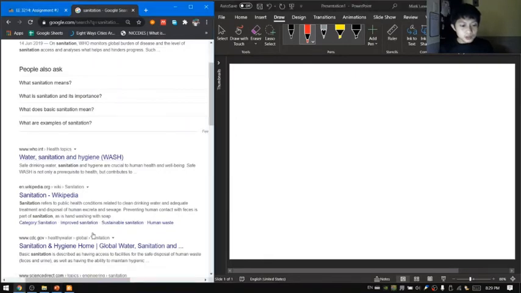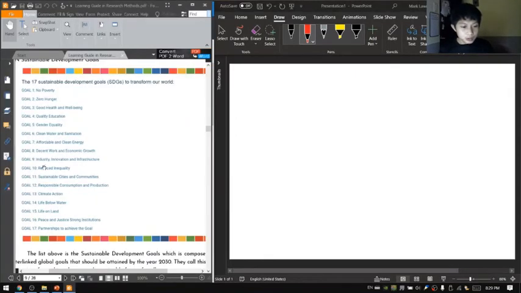So, what's the next one? Decent work and economic growth? No, this is not engineering problem. Industry innovation infrastructure. This could be, but this is a very broad topic. When we say industry, it does not only include industry, it affects many things.